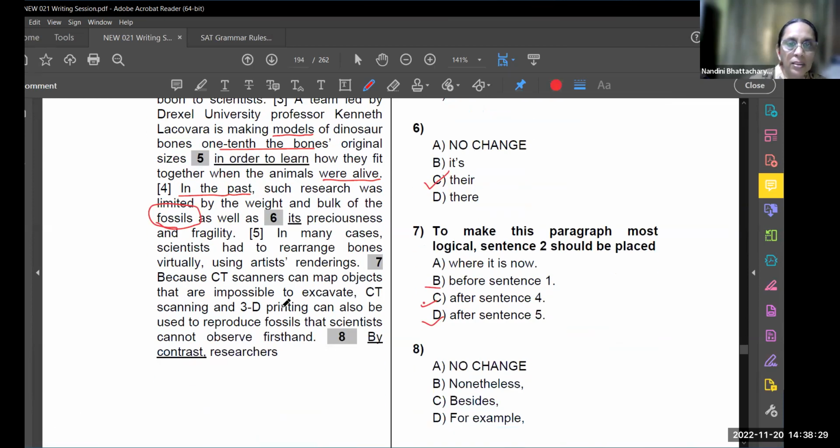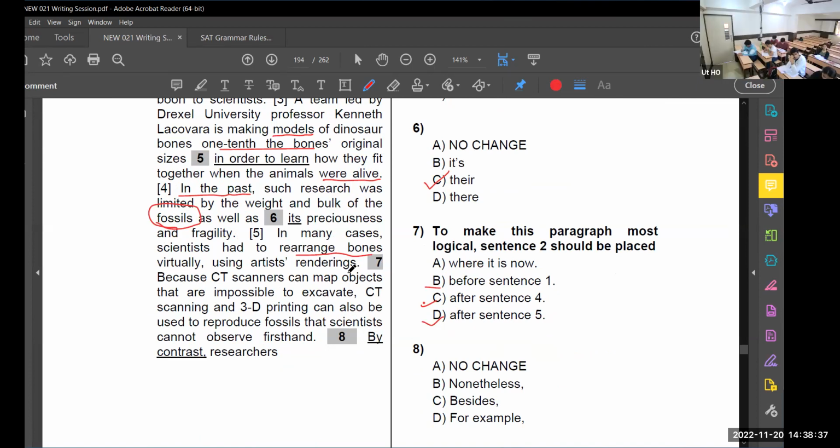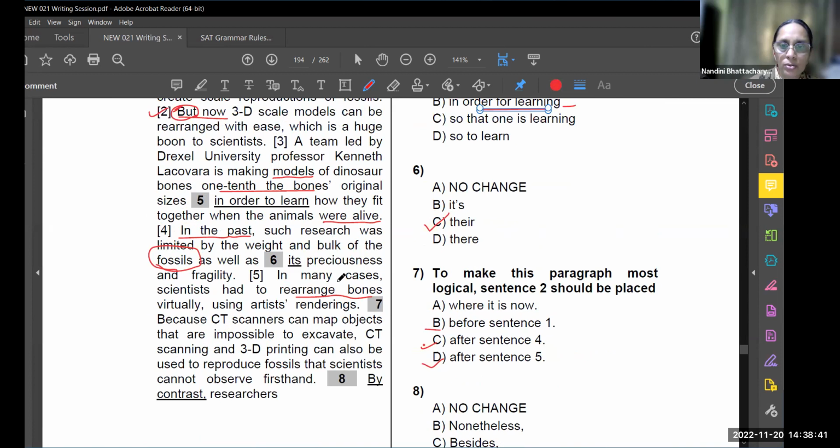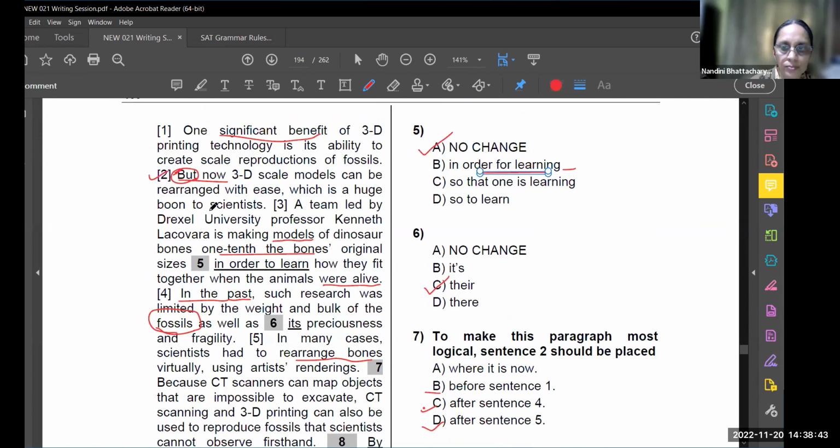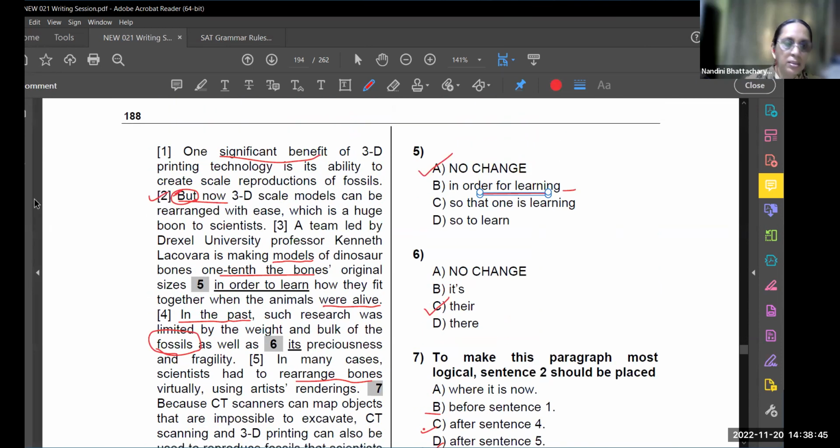And number 5 says, in many cases, scientists had to rearrange bones virtually using artist renderings. Yeah, so these are your sentences. Now we go back to our sentence number 2. Try placing it before sentence number 1.